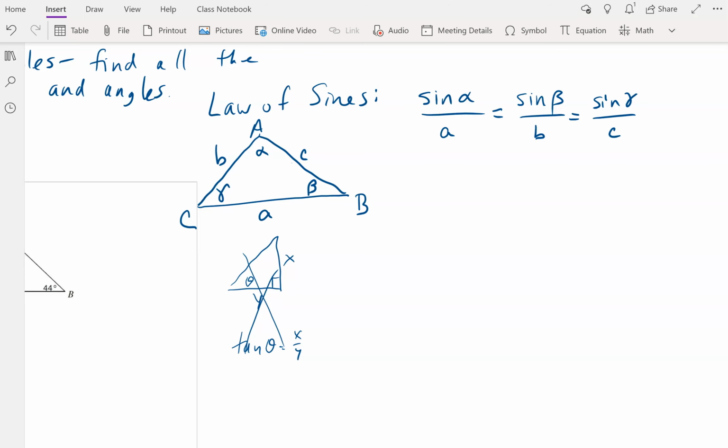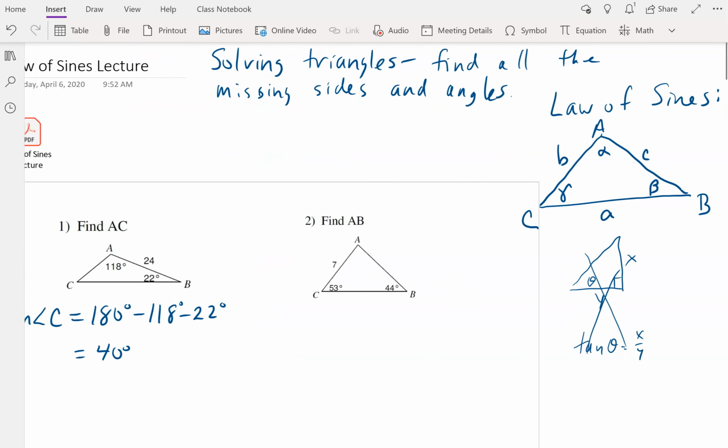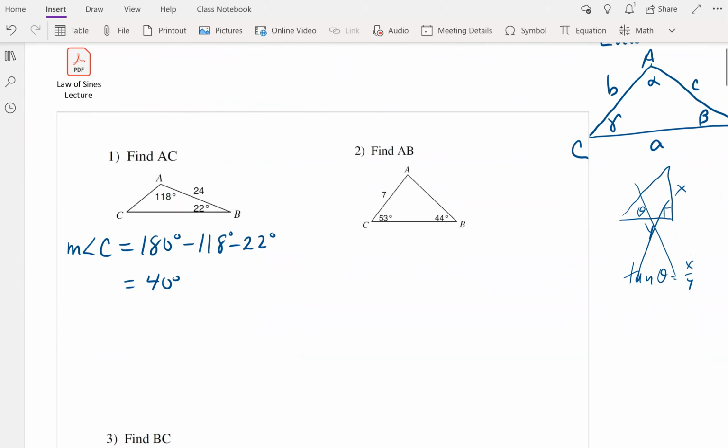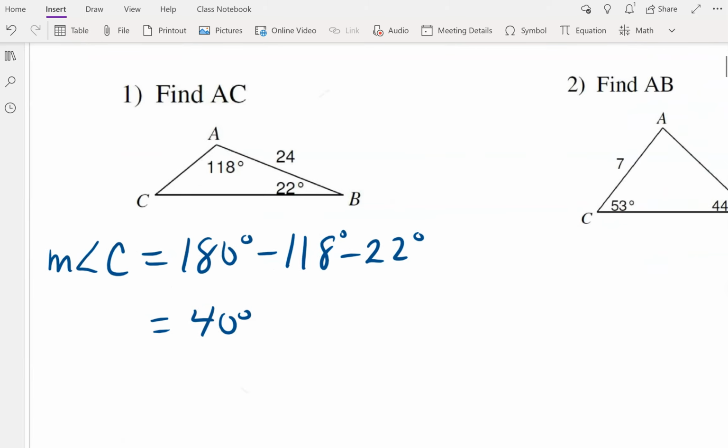So let's go back over to our example. Notice now we have this angle is 40 degrees. So I already know this number, the 24, that would be our little c.